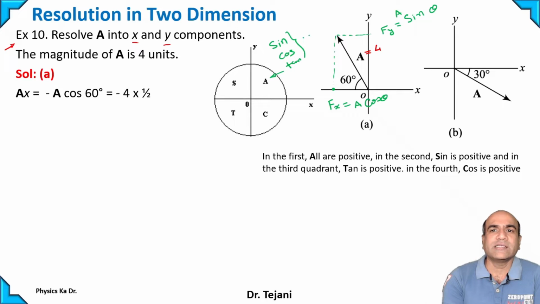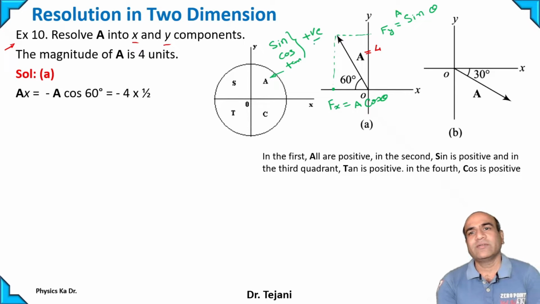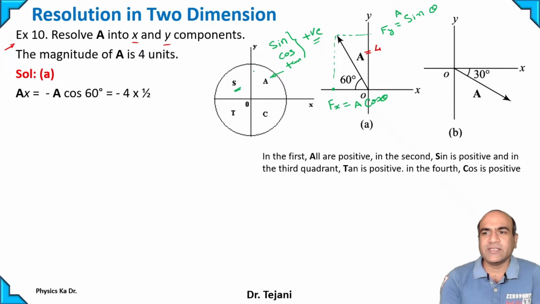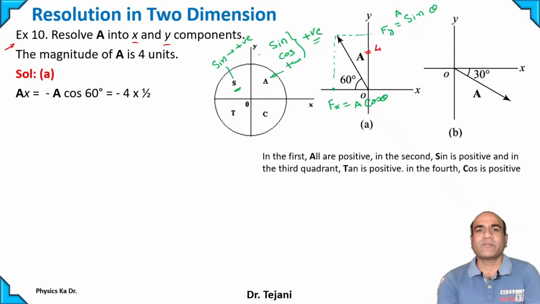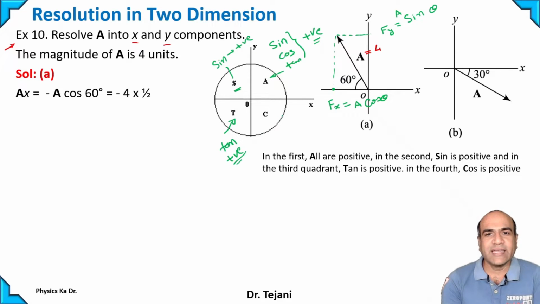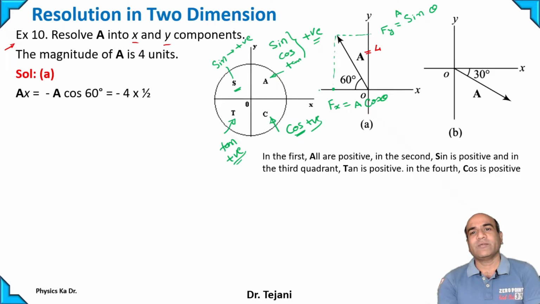In the second quadrant, only sine gives a positive answer. In the third quadrant, only tan gives a positive answer, and all others are negative. In the fourth quadrant, only cos gives positive, and all others give negative.